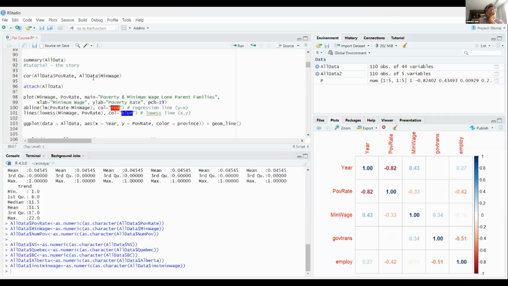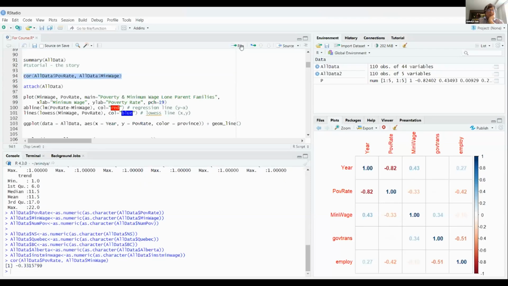What's flexible is that I could have these variables in different sheets, and all I'd have to do is tell R which sheets they're in. So it's extremely flexible. Again, highlight it, and bingo, look at that. It tells me it's negative 0.33. So there is a negative relationship between minimum wage and poverty, but it's not that high, okay?